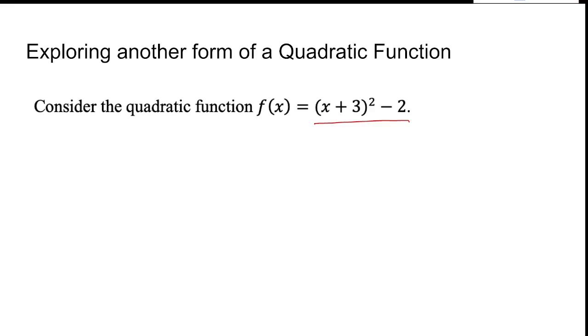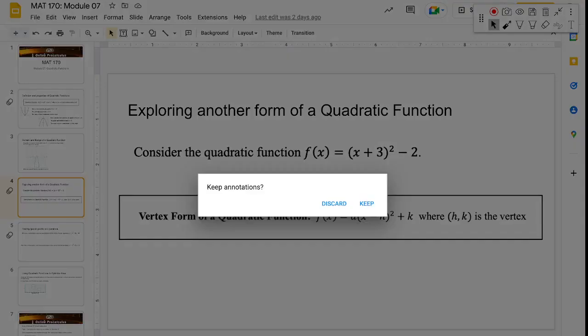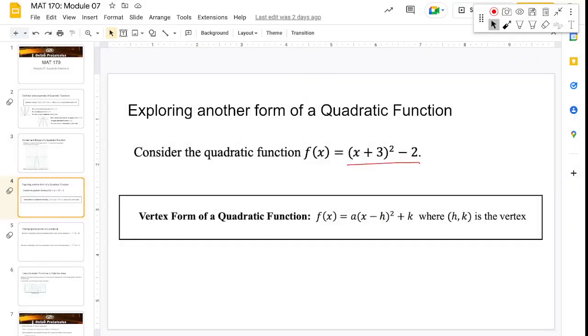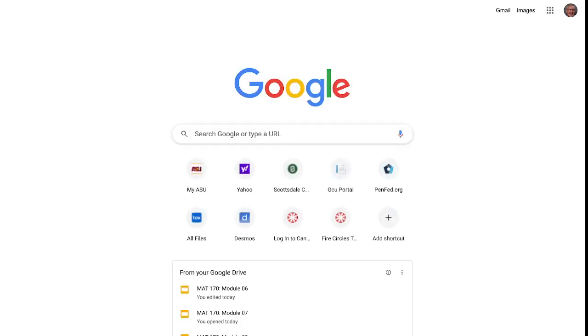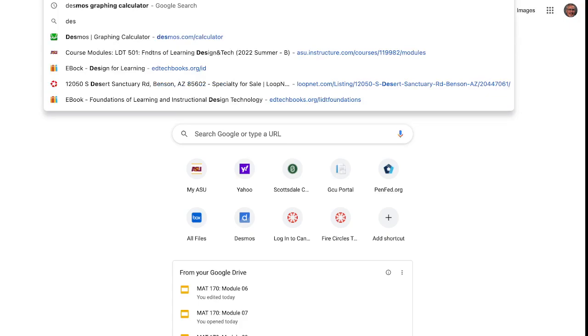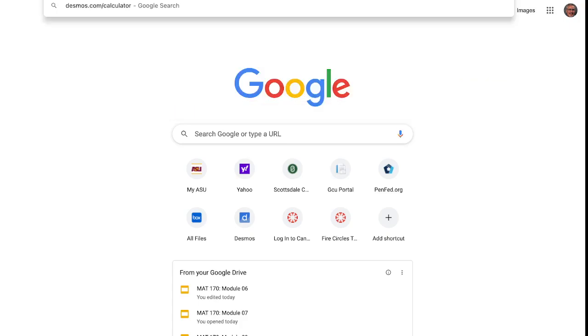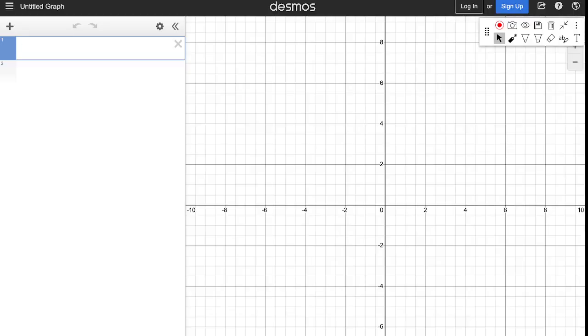By looking at the graph itself, we'll see some connections between what this function looks like and the graph itself. So let's go ahead and go over, we'll keep these for now. Let's go to Desmos. Calculator, which brings us to the graphing portion.